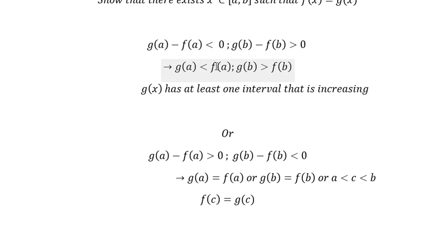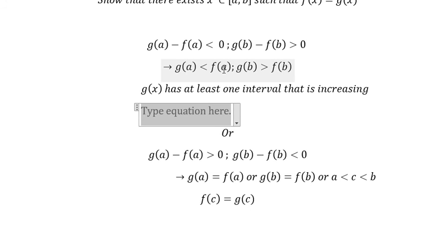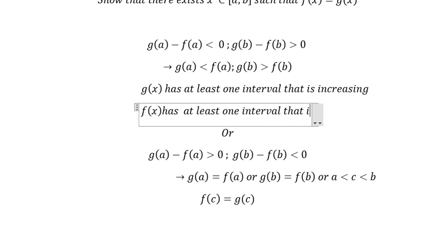Similarly for f of s, f of a is bigger than g of a, and at b, g of b is bigger than f of b, so f of s has at least one interval that is decreasing.